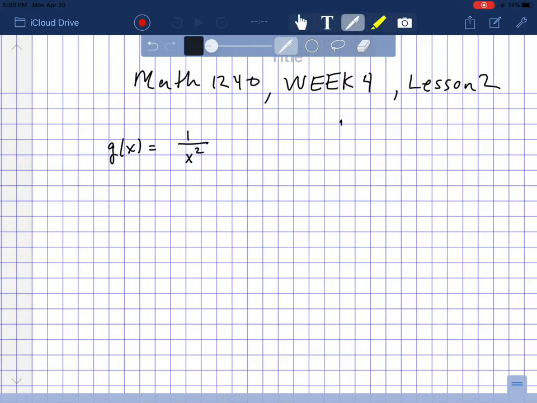we know that the graph of this function looks a little like the following. It has an asymptote along the y-axis at x equals 0. It's positive valued, and it also has an asymptote along the x-axis as the values of x go to plus or minus infinity.